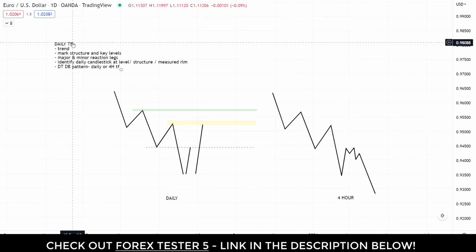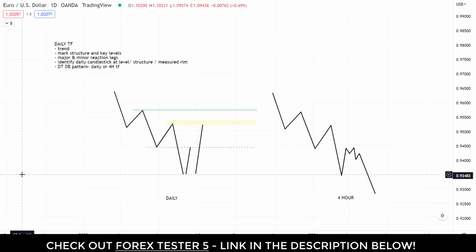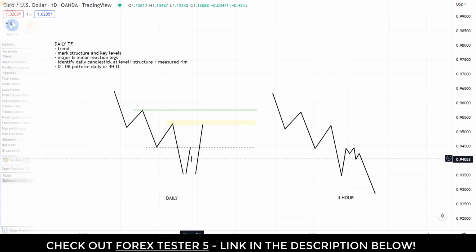So we have identified the trend, we are in a downtrend, we've marked the structure and the key levels, the major and the minor reaction legs. So now we just need to identify a daily candlestick at one of these structural levels or at the measured reaction leg measurement. So let's have a look at what we get.